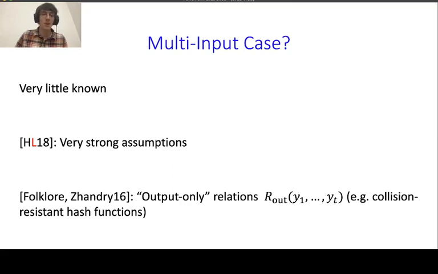And then Mark Zhandry has a work which generalizes this to all output-only relations. So this is what we knew how to build previously. It's quite a limited class of multi-input relations that we knew, and from standard assumptions anyway.